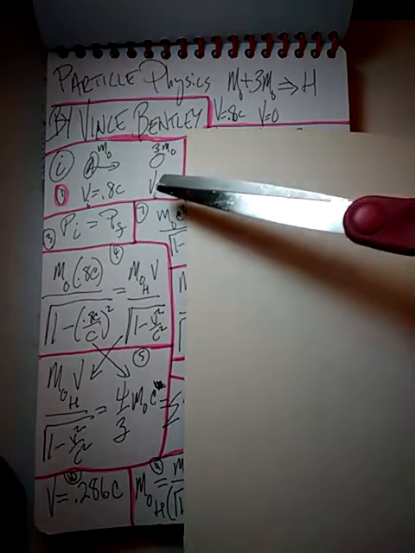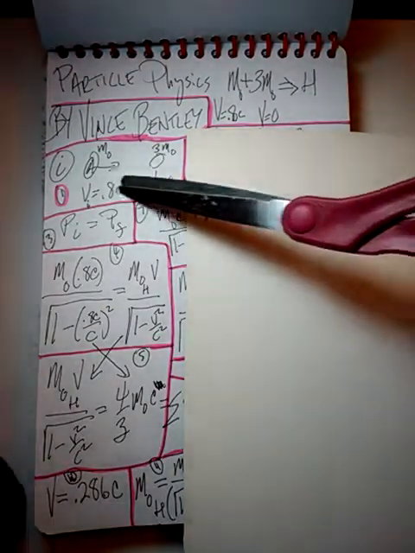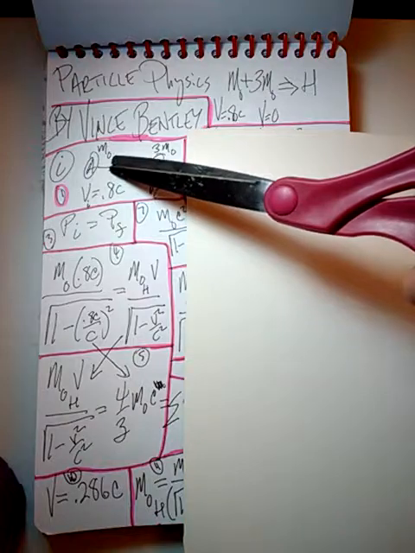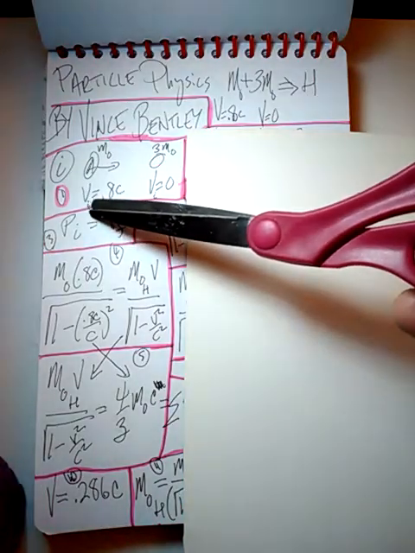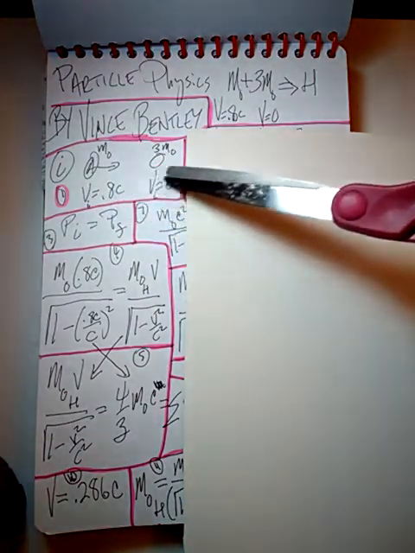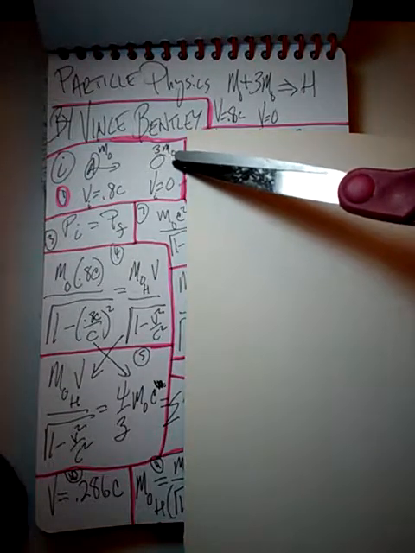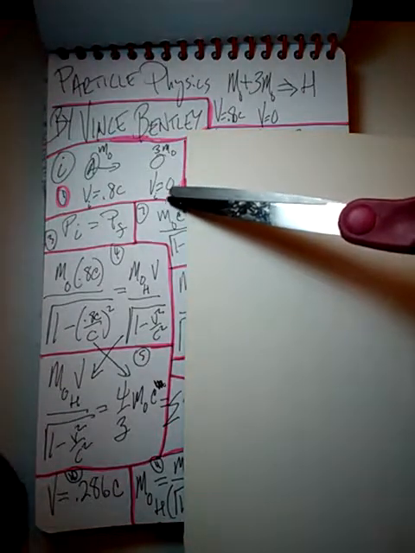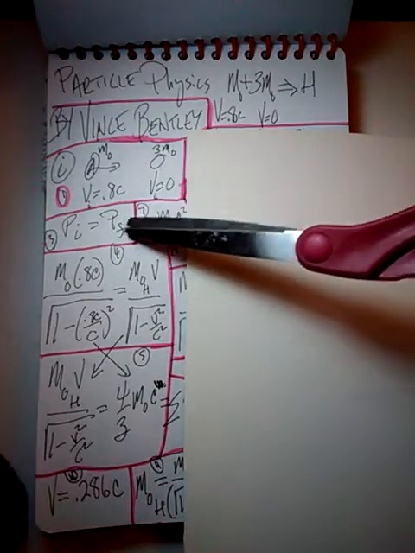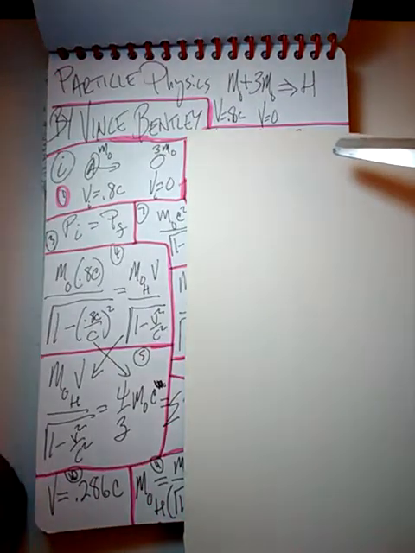So here's our initial reaction. We have Mr. A with a rest mass of m0 going at a velocity of 0.8 c. And we have Mr. B with a rest mass of 3m0 going at a velocity of 0. Let's see what we have afterwards.